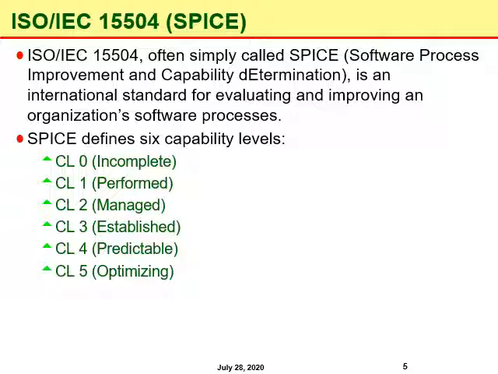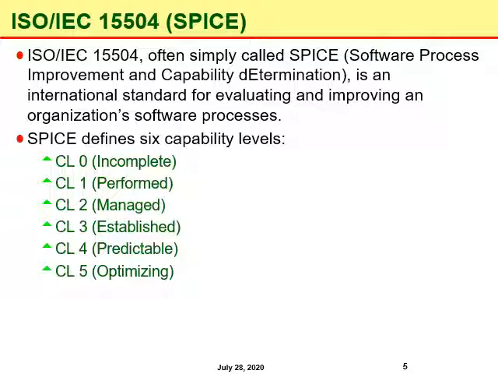A SPICE assessment evaluates a defined subset of 49 SPICE processes, assigning each evaluated process a certain capability level, similar to CMMI's representation. The evaluation is performed using predefined process attributes.